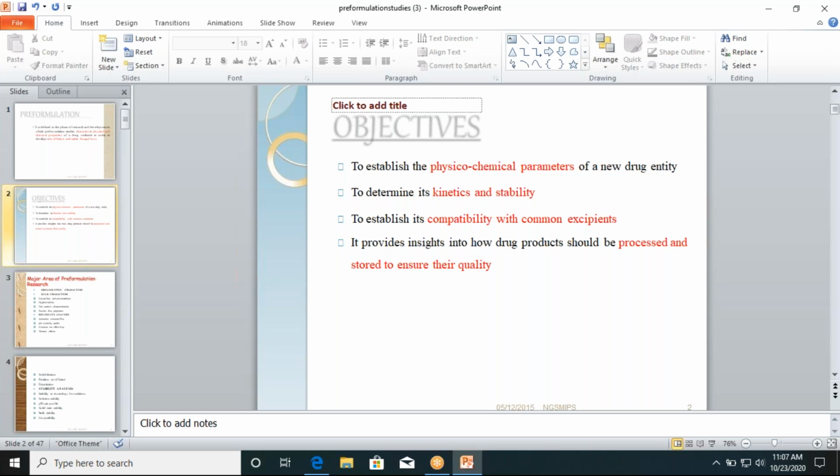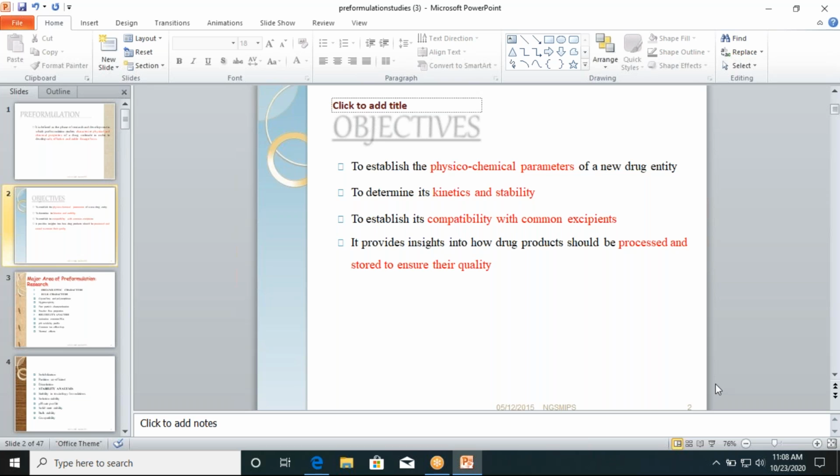So there should be fair compatibility between the excipients and the drug. Also, pre-formulation characterization will provide how the drug molecule has to be processed and how it has to be stored in order to ensure the quality. These things can be determined when you follow the pre-formulation protocol.